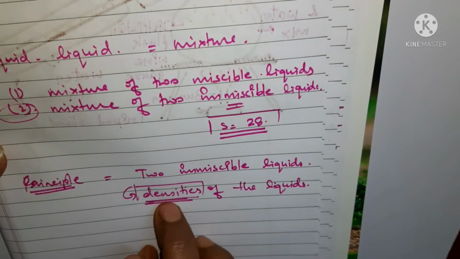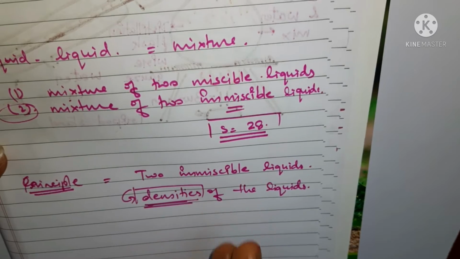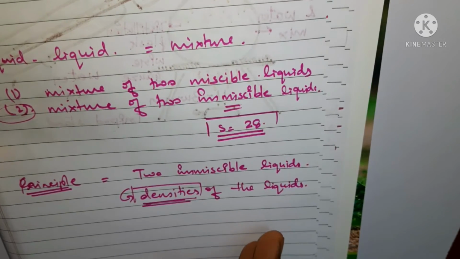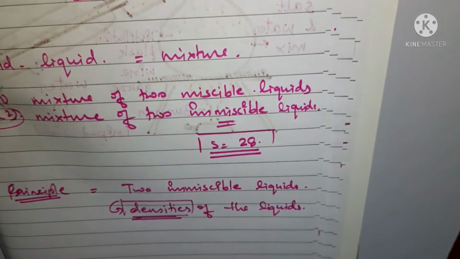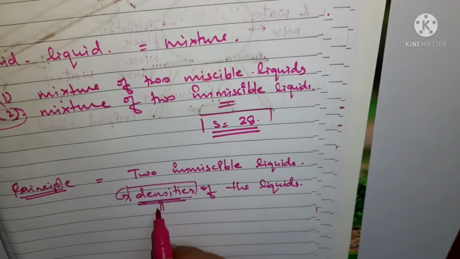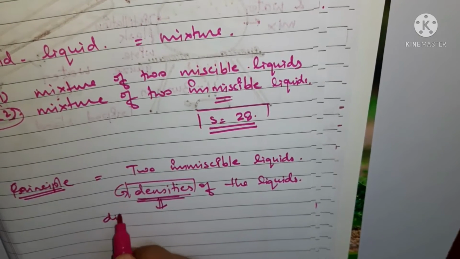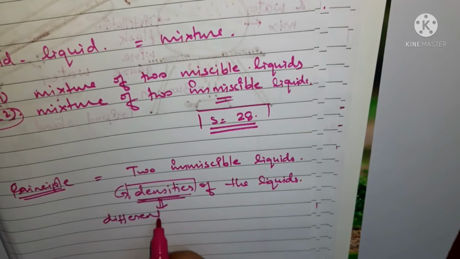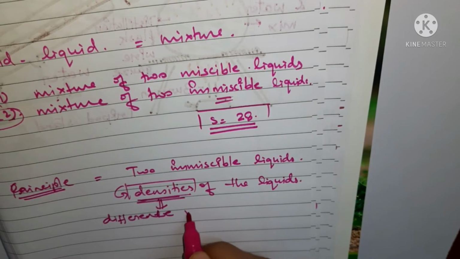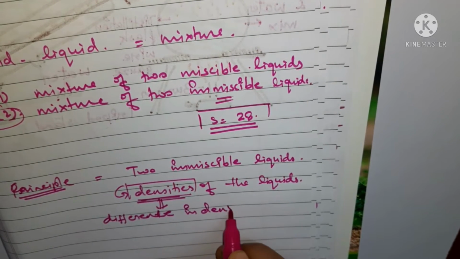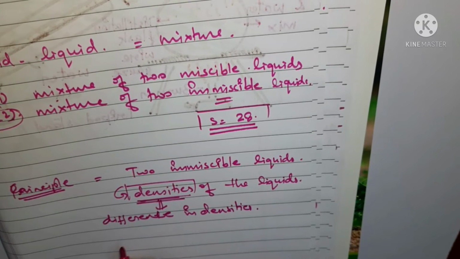Now why are we talking about densities? Because the separation depends upon the difference in their densities, right? So when we are talking about density, it means the difference in density is to be considered. Why is it so?